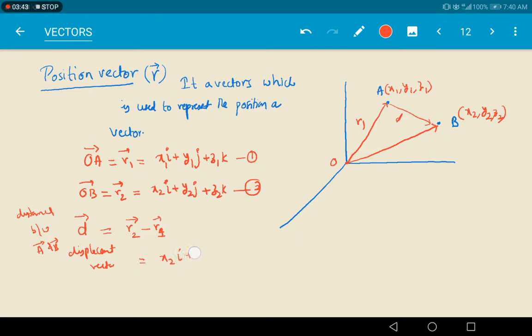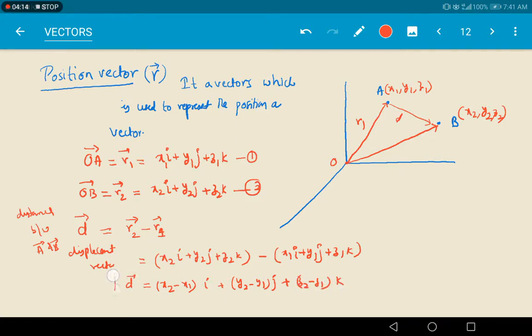So x2 i plus y2 j plus z2 k minus x1 i plus y1 j plus z1 k. Therefore we can write (x2 minus x1) i plus (y2 minus y1) j plus (z2 minus z1) k as the displacement vector of A and B bar.